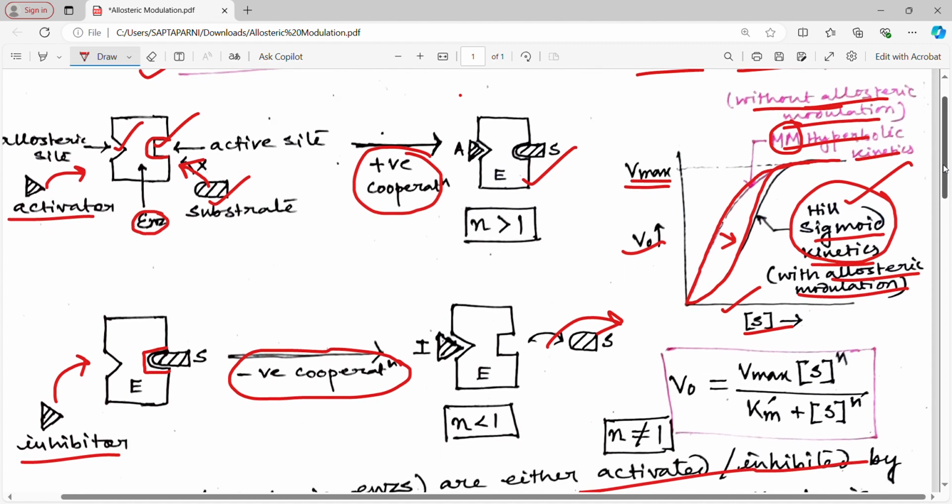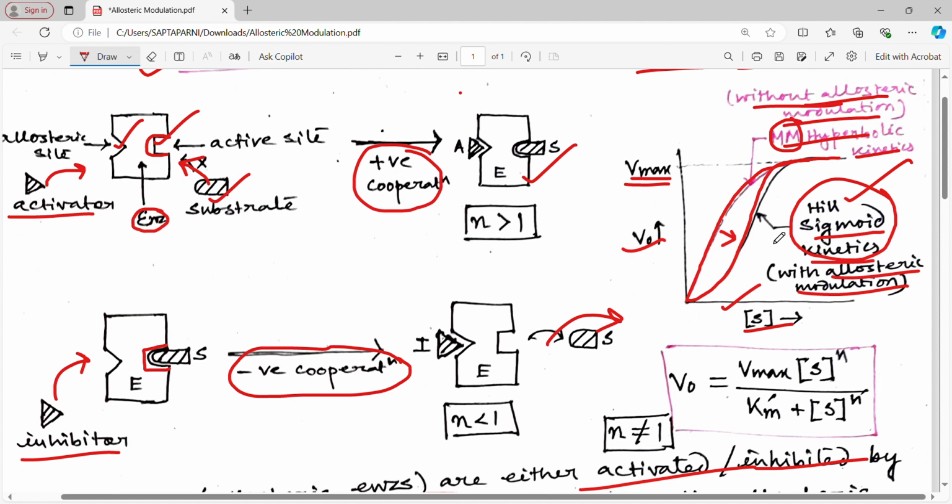Now, why is there a change in the shape of this curve? See, in case of allosteric modulation, at the early stage of the enzymatic reaction the substrate binds very slowly with the enzyme. That is why the initial velocity is very less. But when the modulators bind at the allosteric site, the velocity starts to rise and as a result the S-shaped curve is formed.